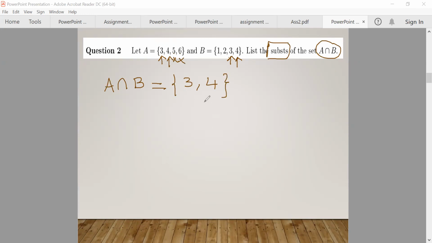So I have two elements in the intersection.